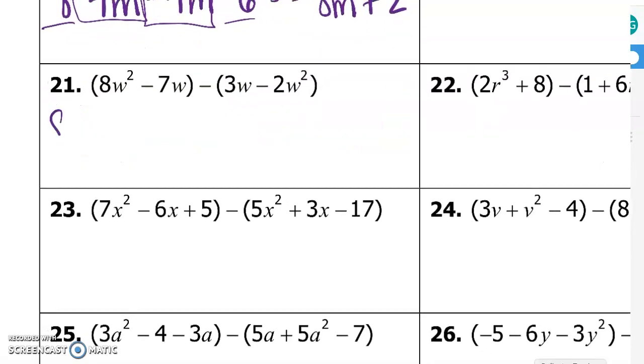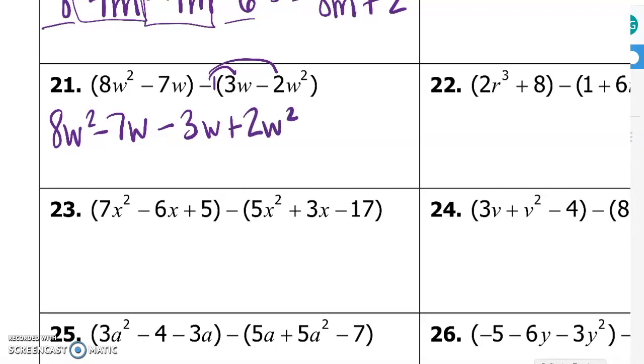21, again bring down 8w squared minus 7. Then I distribute the negative or the negative 1 minus, oops, I forgot the w with my 7. Minus 3w plus 2w squared. So you have a negative there and a negative there, makes it a plus.